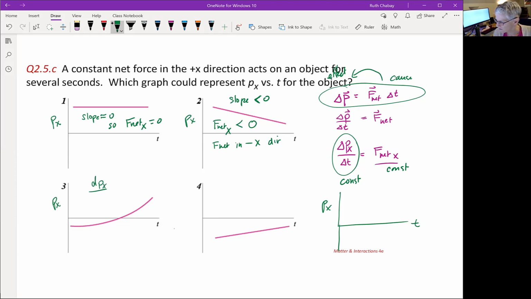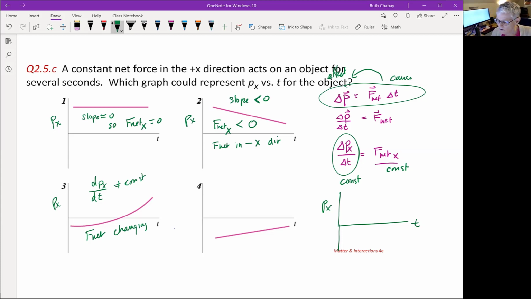So dpx/dt is not constant. The momentum is getting bigger in the plus x direction, but this indicates that the net force is changing, because the slope of this graph keeps changing.